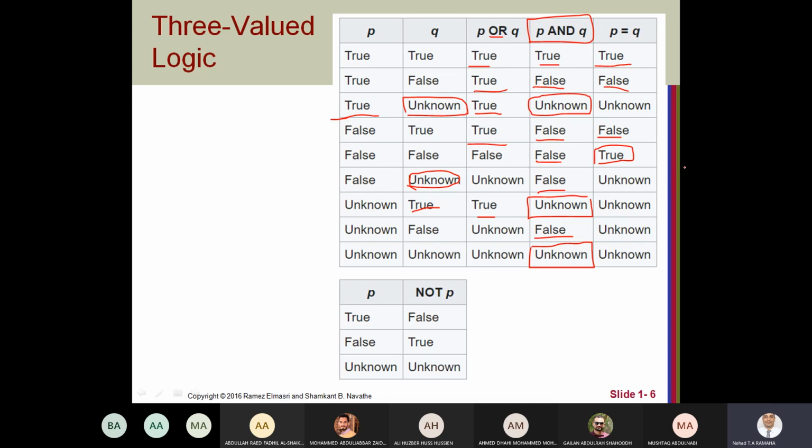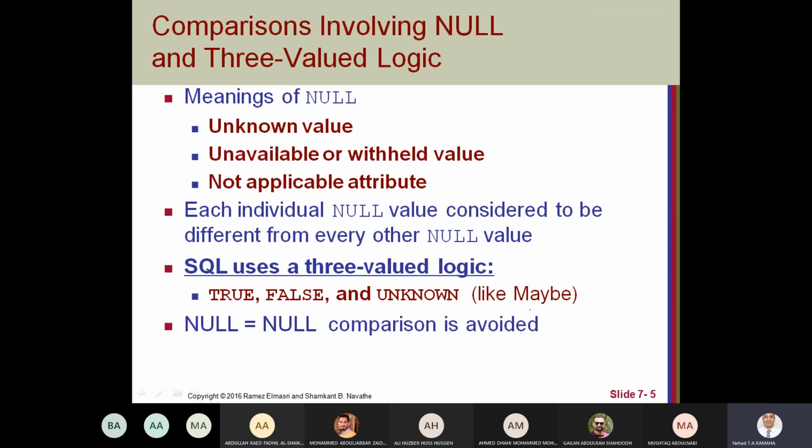If you have any side unknown, the result will be unknown. Same idea for NOT also. Not true is false. Not false is true. Not unknown is also unknown, because we don't know whether unknown is false or true.